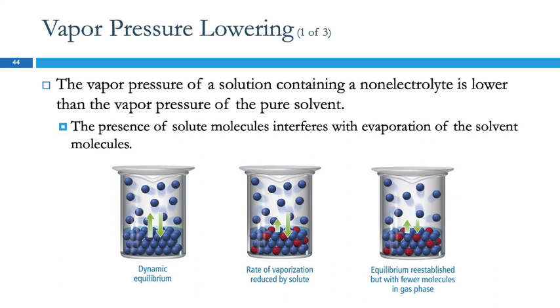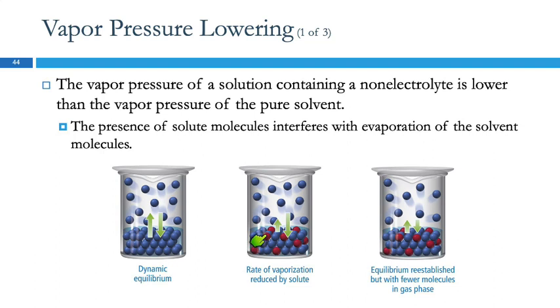Well, if we put some solute particles in here, those are going to get spread evenly throughout the water. Some of those solute particles will end up at the surface. In order for water to evaporate, it has to get to the surface, right? So if part of the surface now is solute particles instead of water molecules, that means it has less surface area, right? And the rate of evaporation depends on surface area.